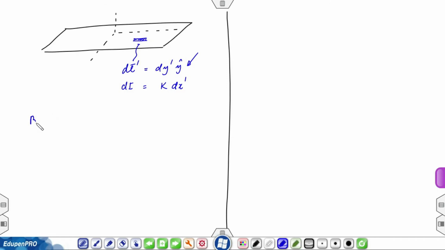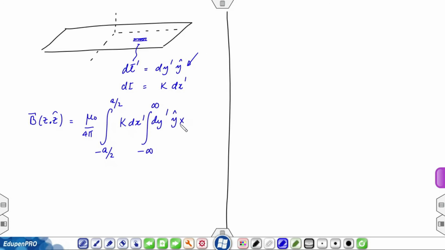is going to be at z unit vector, mu naught over 4 pi. Now, small current is k dx prime, and x prime extends from minus a by 2 to a by 2. dy prime is another integral. y prime varies from minus infinity to plus infinity. y cross r is at z z minus r prime is at x prime x minus y prime y, divided by this whole thing cubed.